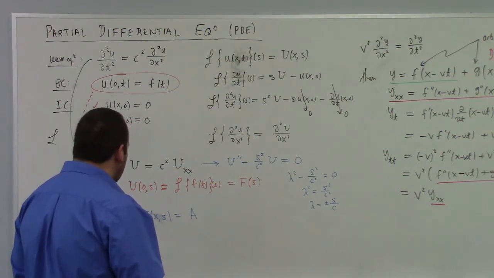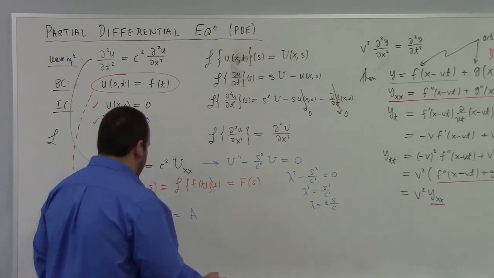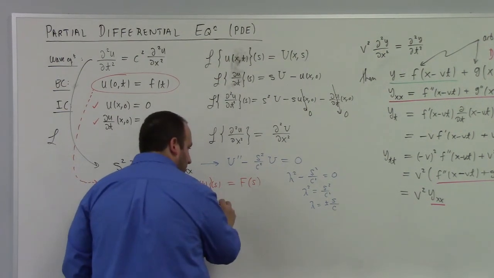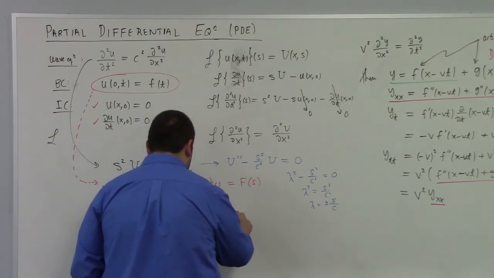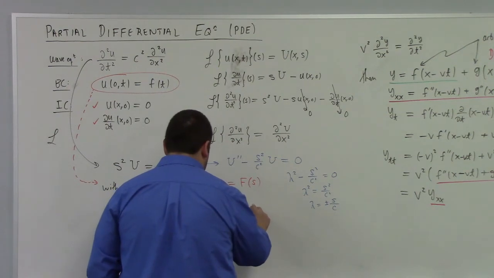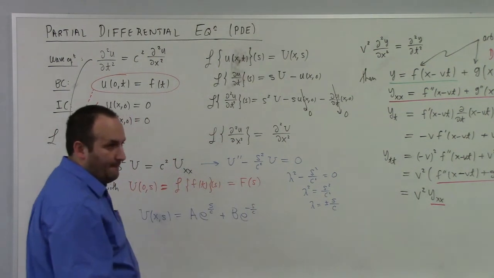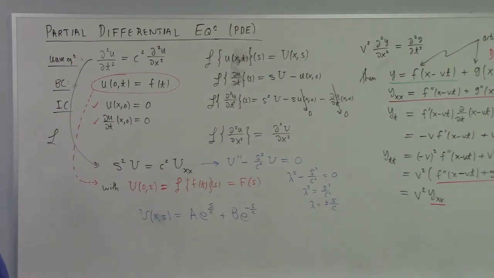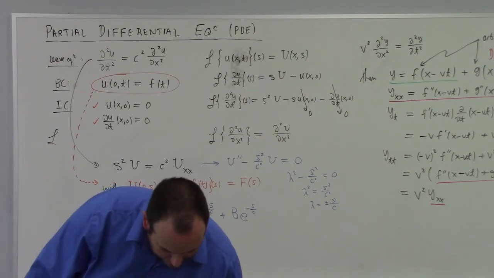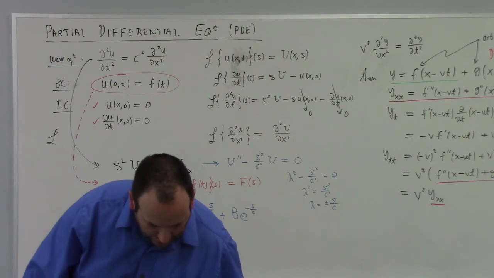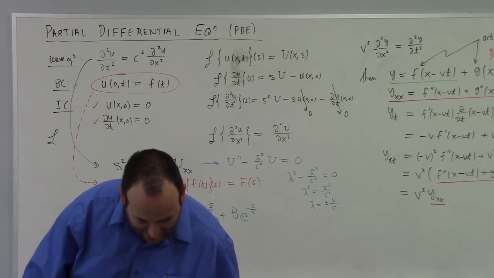Not sure. I'll stick with exponentials. Fine. A e to the s over c plus B e to the minus s over c, right? What have I done? Oh, I'm an idiot. Times what?